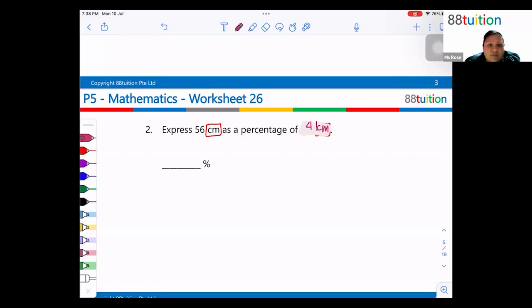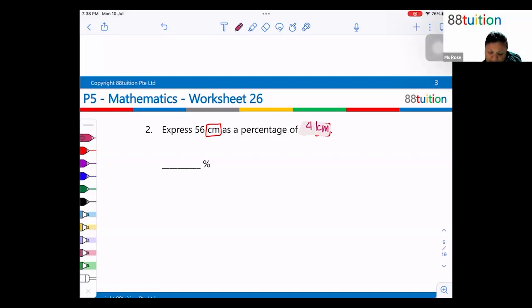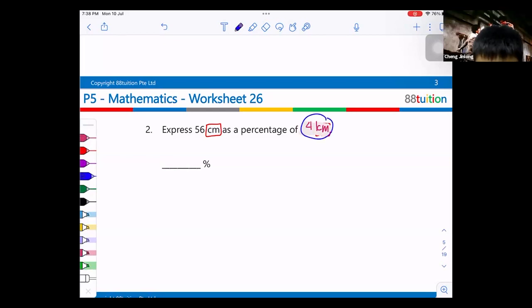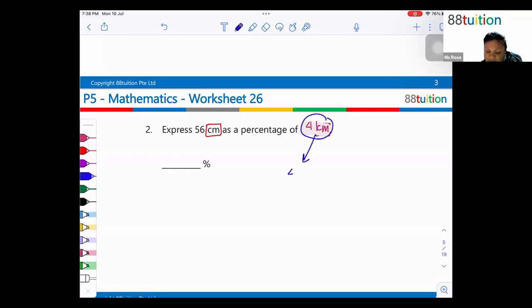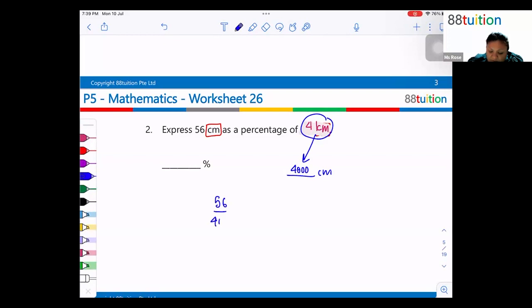Yes, Jinlong? Convert it to cm. Convert which one to cm? 4 km. Very good. So make sure you convert this to cm. Convert to cm, what do you get? 4,000 cm. Very good. Then you just have to put 56 over 4,000 times 100%.